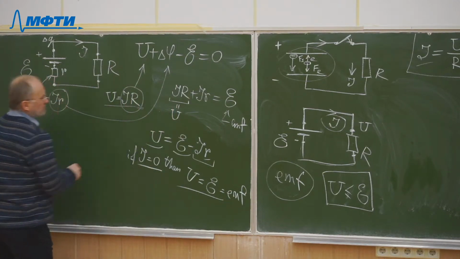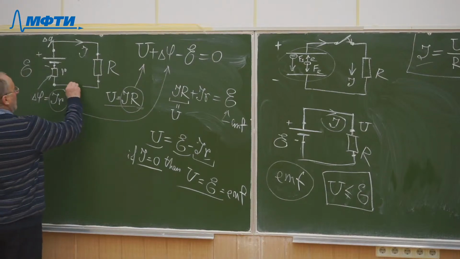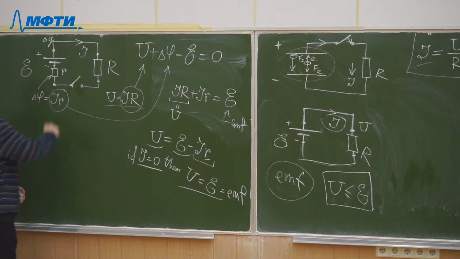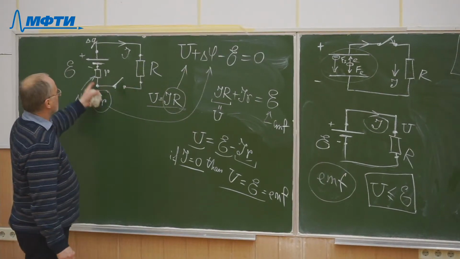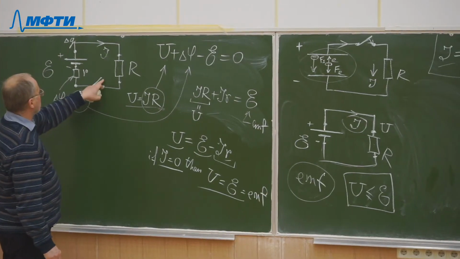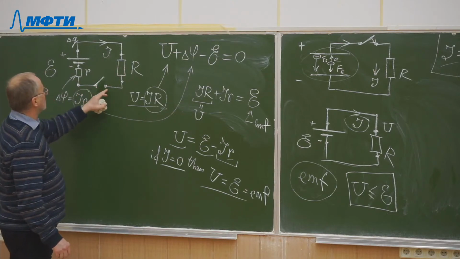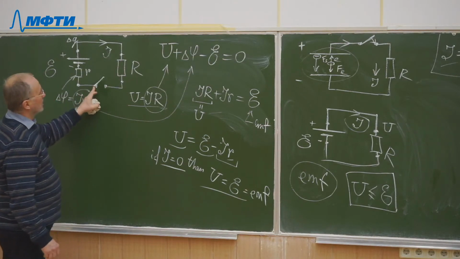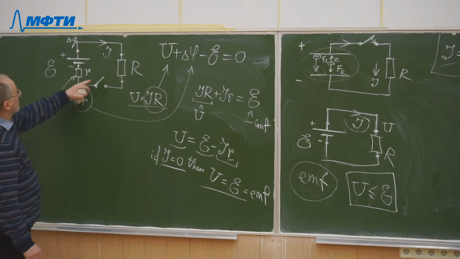How can we achieve this condition that the current is 0? We must break this wire. We must somehow open the key here, not to allow the current to flow. And so in this case, if we open the key, the current will be 0. The electrons cannot jump through this separation of contacts. And so the current will be 0.